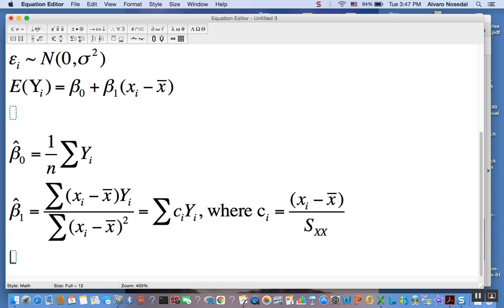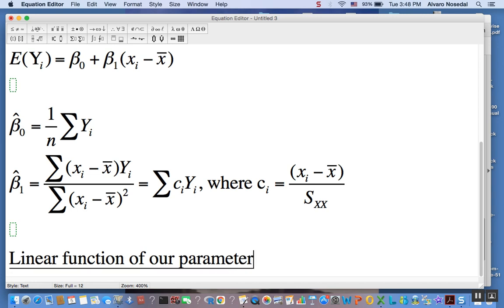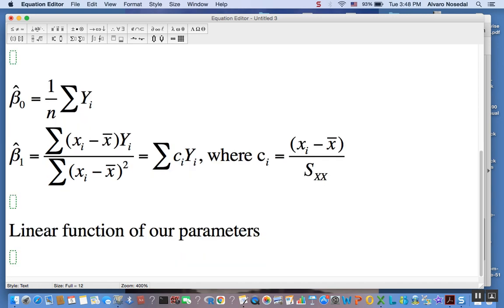Okay, so a linear function of our parameters. As the name suggests, this is just going to be a linear combination of beta 0 and beta 1.